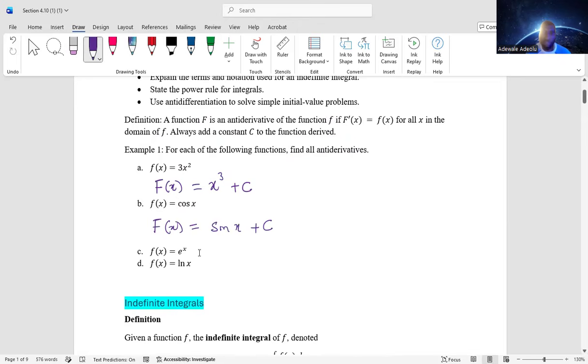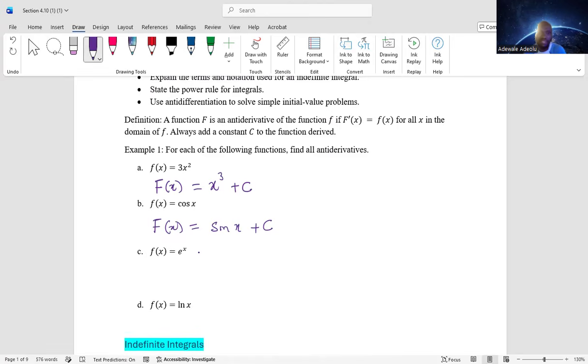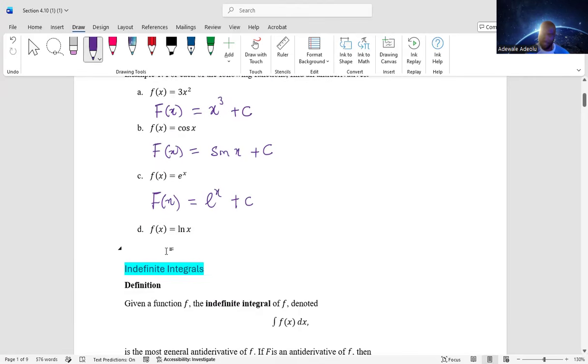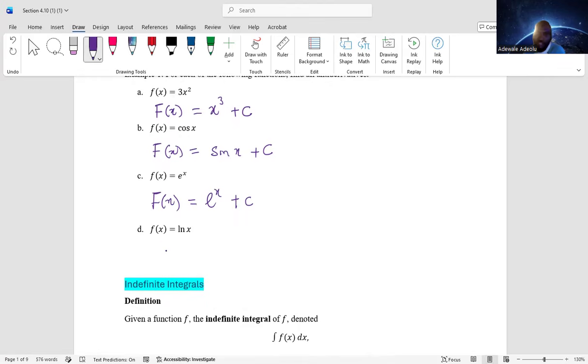And again, if I ask you, what is that function such that when we take its derivative, it is e to the x? Well, that is easy. We have learned that it is e to the x, and we need to add some constant.